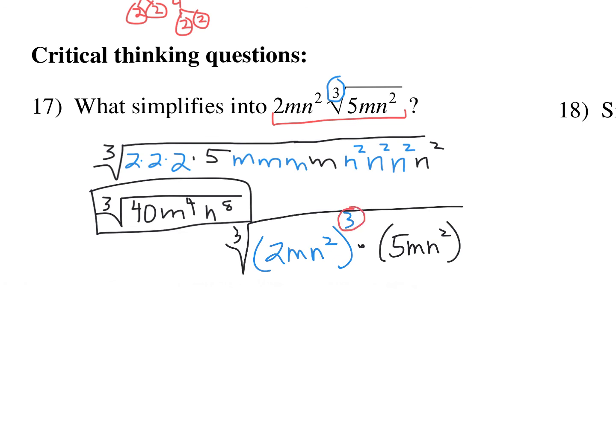You would take this 3 and multiply it to each of those exponents, okay? So you would get 1 times 3 is 3, so you get 2 to the 3rd. And then 3 times 1 is 3, so m to the 3rd. And 3 times 2 is 6, you would get n to the 6th, which is these 6 n's here. And then, of course, you have a 5, there's your 5, an m, there's your m, and then an n squared, there's your n squared. And then you could just multiply those together and get what we got here.